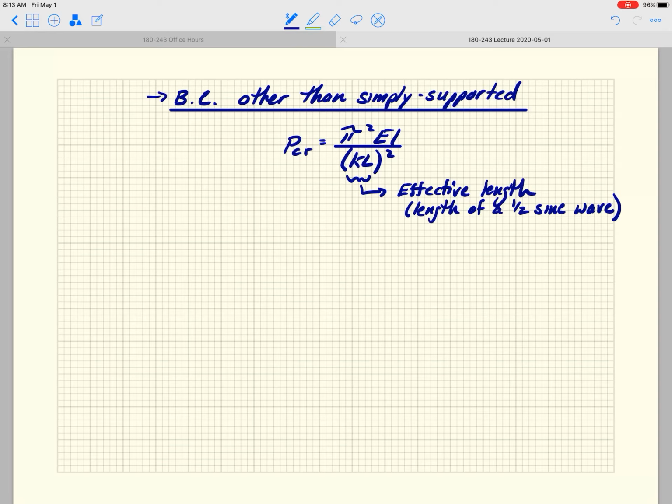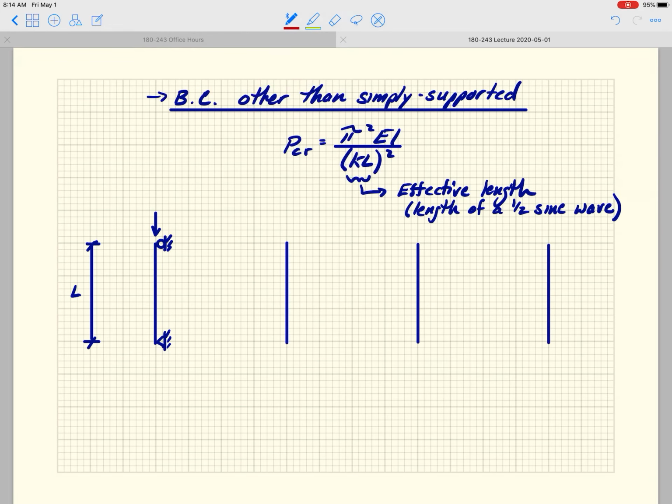So let me draw a few examples here. We'll put one here, one here, and then one here. All right. So this first one, this is all length L. For the first one, we're going to call this simply supported.